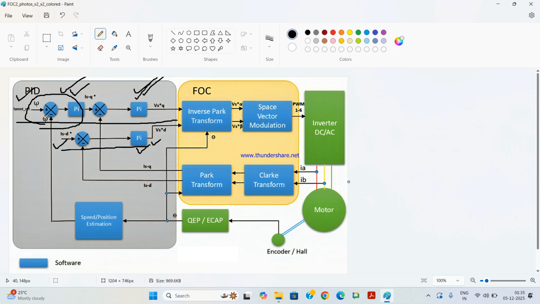For the speed loop, the output is RPM and the input is the torque. For the flux loop, the output is the magnetization current and the input is the stator direct axis current. And for the torque loop, your output is the stator quadrature axis component and the input is the stator quadrature axis voltage.